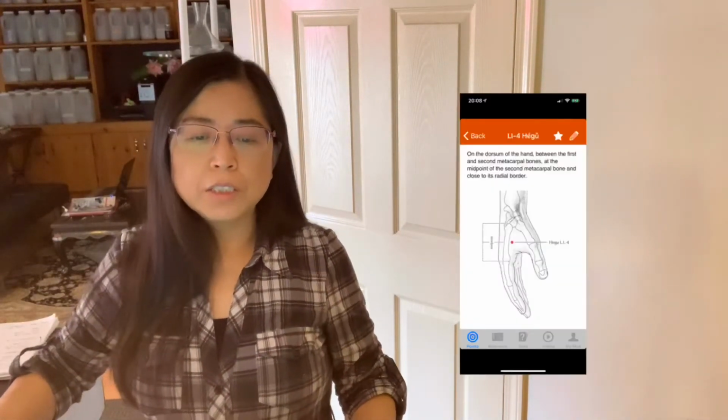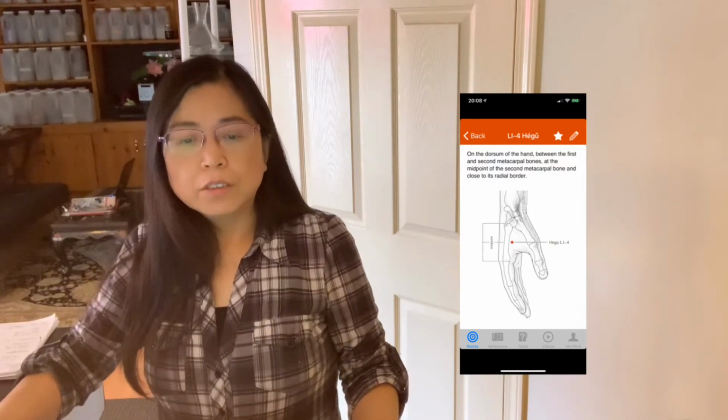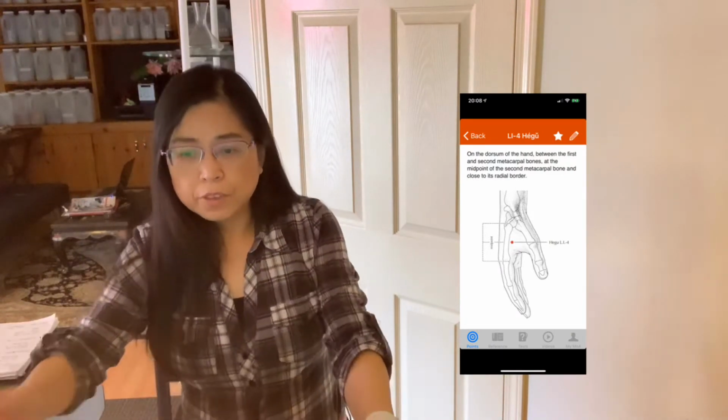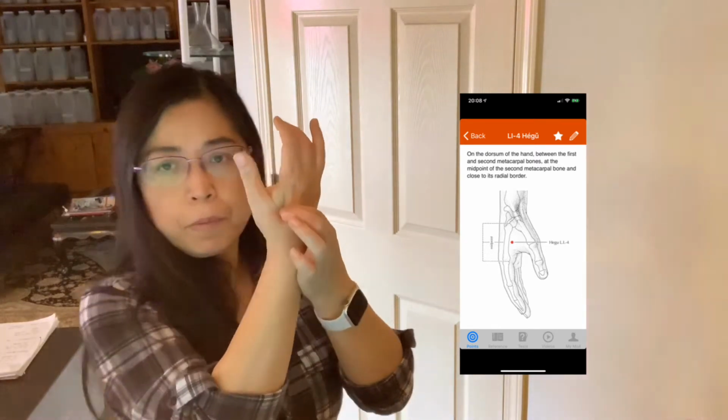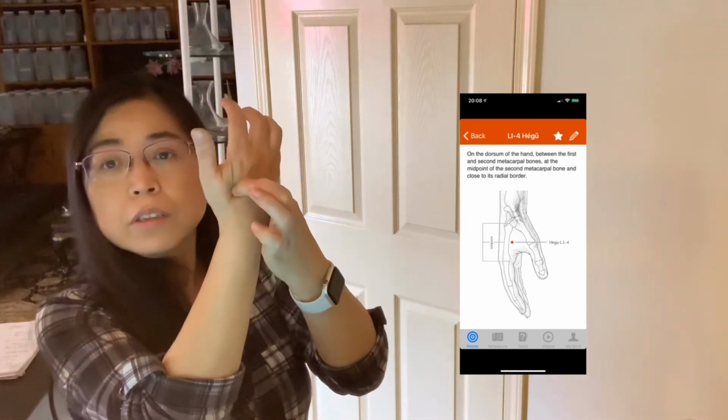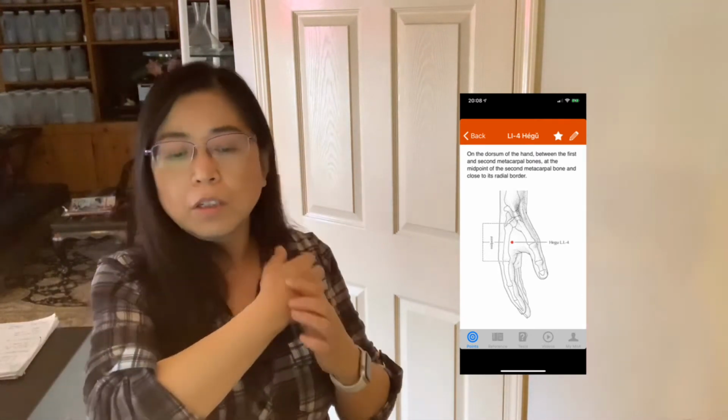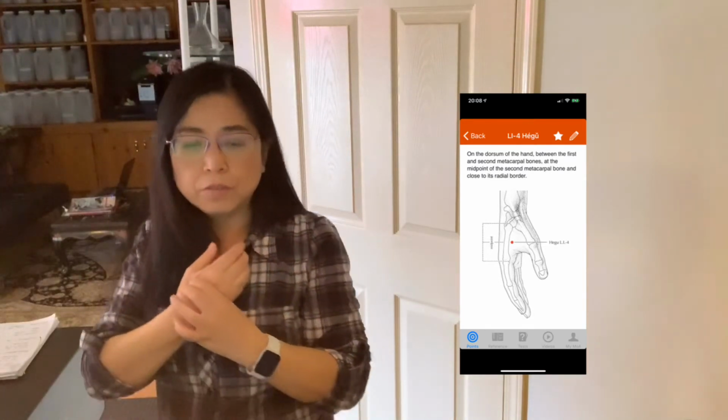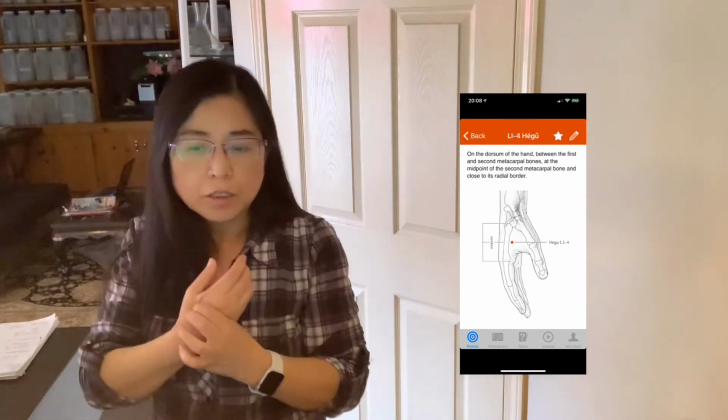For the professional part, we use large intestine 4, at the midway of the second metacarpal bone, right here. Okay. And gallbladder 20 is a very good one to expel the wind.